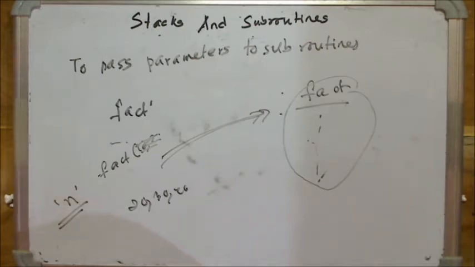You have to mention the number for which you want to find the factorial, and just call that function whenever you need it.